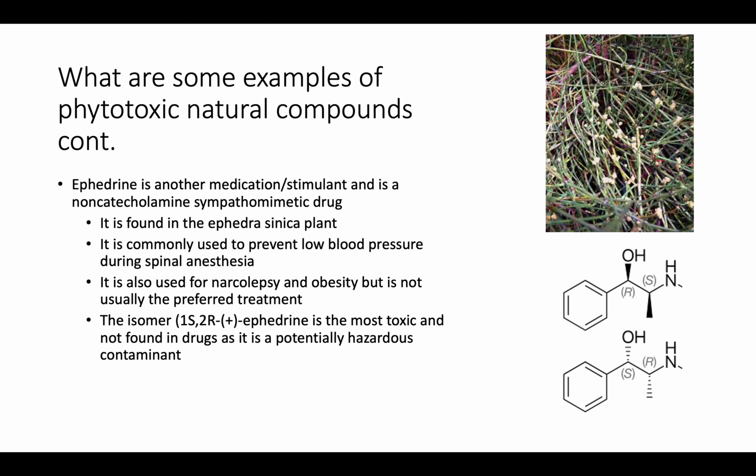What's really cool about ephedrine is how many different isomers it has, but the isomer 1S,2R plus ephedrine is the most toxic and not found in drugs as it is a potentially hazardous contaminant. However, there's not a lot of research done, so we don't know how toxic it really can be.